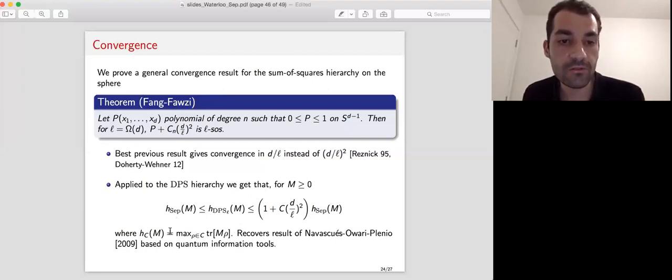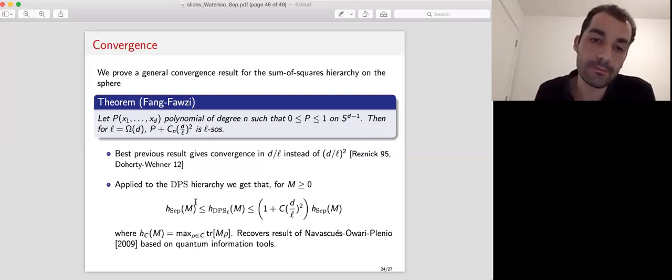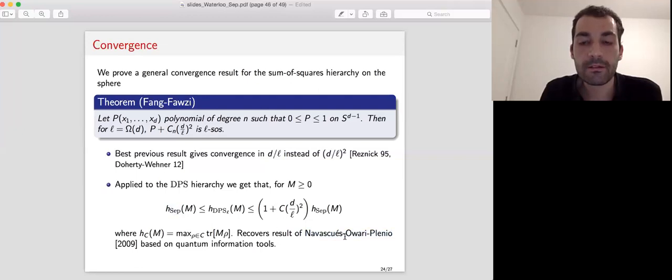H_C of M is, if I have a certain matrix M, the maximum of trace of M rho where rho is in C. And so we can show that if you optimize a linear function on the level of the DPS hierarchy, then you get close to H-sep to within a certain bound, by Navascués, Owari, and Plenio in 2009. Whereas our proof is completely based on sum of squares considerations.